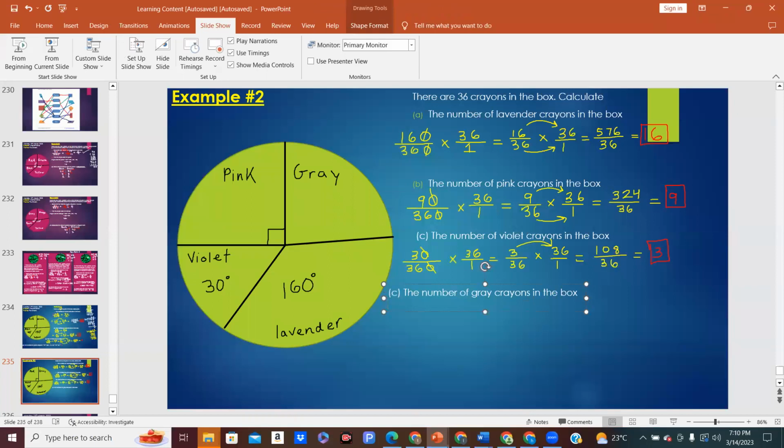So we're going to take 36 minus the sum of 16 plus 9 plus 3. That's 28. It is going to give us 8.